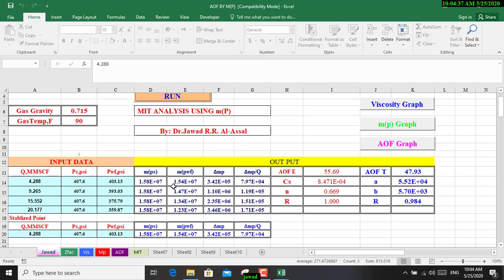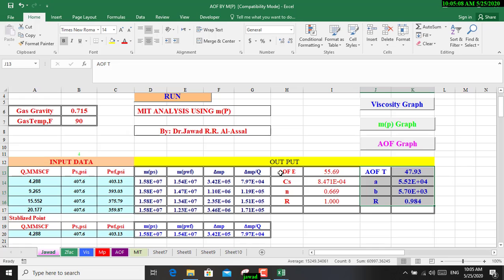Good. So I calculate M of P, and the absolute open flow potential for empirical, and this is for theoretical. Okay, now from this data of A or FT, whatever it is, and A of empirical, I can calculate the empirical derivative curve.